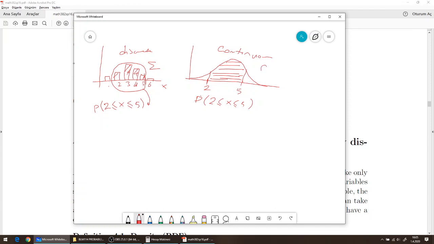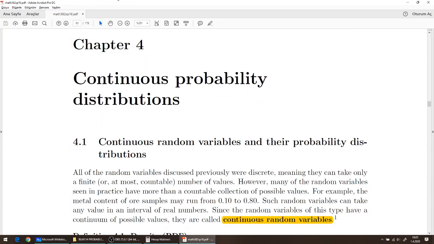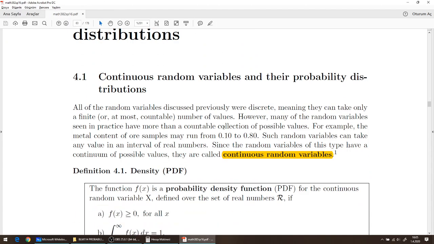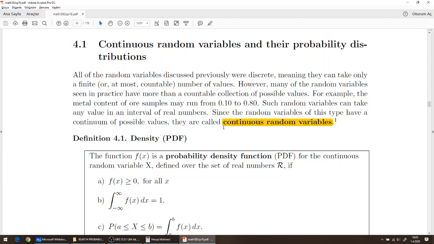This is an integral calculation. In fact, the main idea behind discrete and continuous distributions looks similar, but they have some differences in principle. Let's have a look.